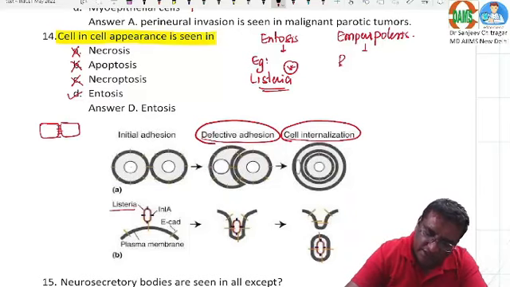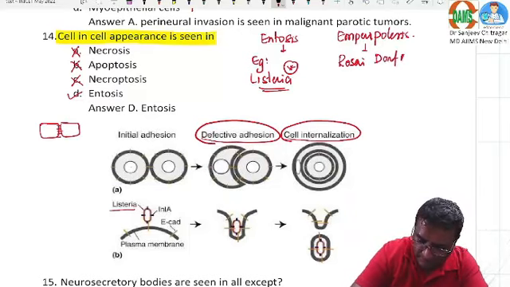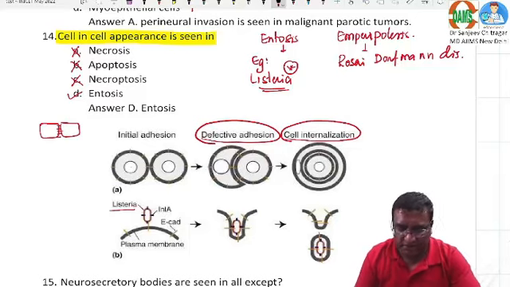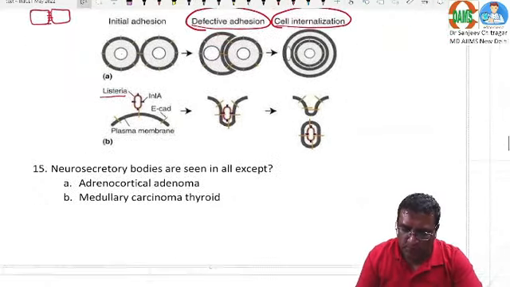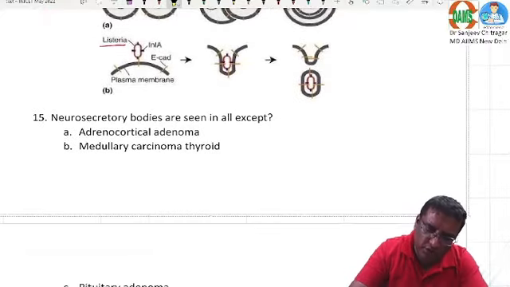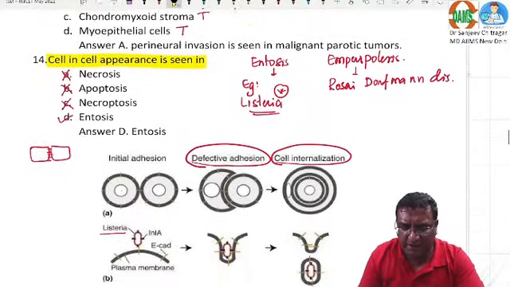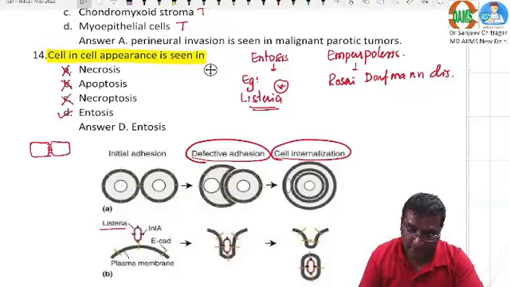This is seen classically in Rosai-Dorfman disease. Emperipolesis. Next. So even emperipolesis is also partly correct, cell-in-cell appearance only it will be.